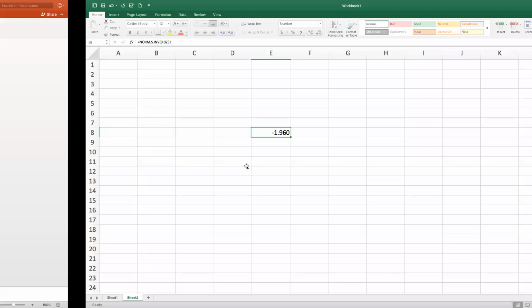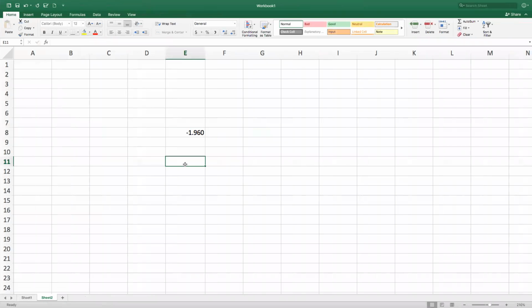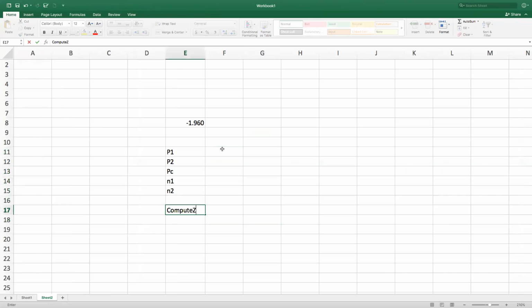What I'm saying is, if in Excel you do P1, P2, PC, N1, N2, and you create a system where all you got to do is change the number for each of these, then your final answer, computed Z, pops out every time you change these numbers. That's a whole lot faster than having to do it individually.